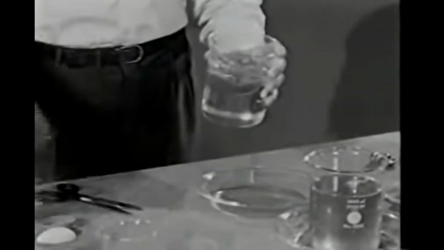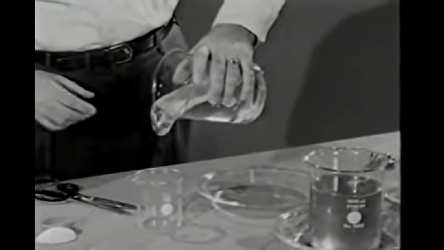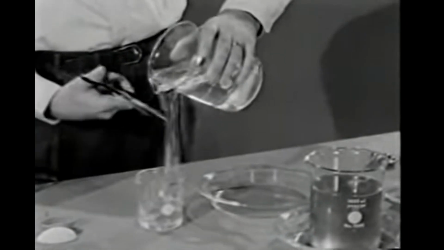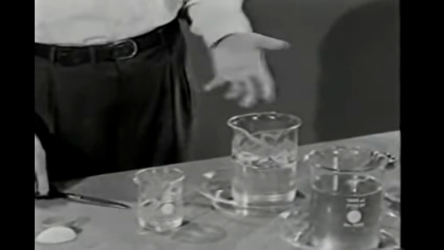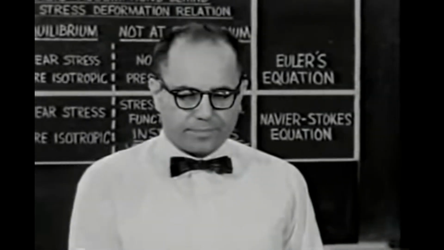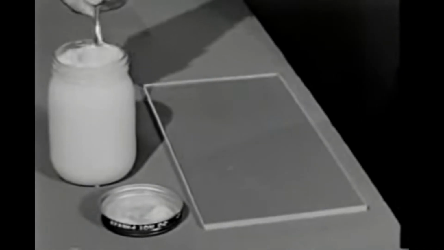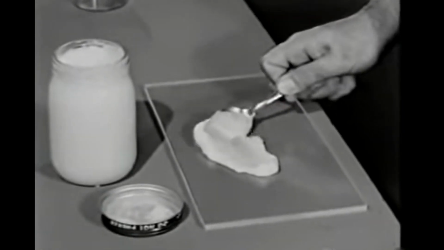No, I think I'll use this beaker instead. I can even cut it to length. This material is a solution of a high polymer. Some other materials that do not follow the simple Newtonian model are molten plastics, egg white, paint, and mayonnaise. Mayonnaise holds its shape if you let it alone, yet it spreads with ease.